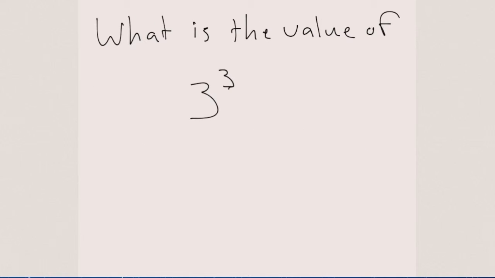Next, let's actually solve a problem and see how much it is actually worth. What is 3 to the third power? And what is it worth? How much is that? So, I'm going to find the value of it. I need to know what 3 to the third power looks like in expanded form. So I'm going to write it out. 3 is my base, and the exponent here tells me how many 3's I need.